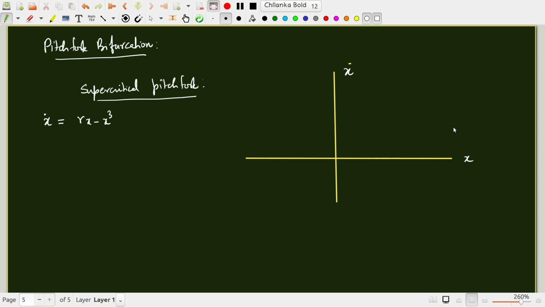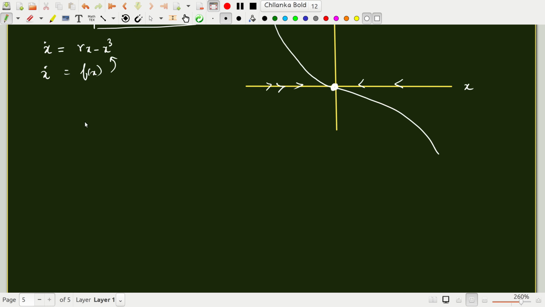Now when r is less than 0, you have only one fixed point. The curve f of x will look like this. This is f of x. I'm plotting f as usual, x dot is f of x as a function of x. So this is a stable fixed point, because if you draw the geometric construction, you will see immediately that this is a stable fixed point.